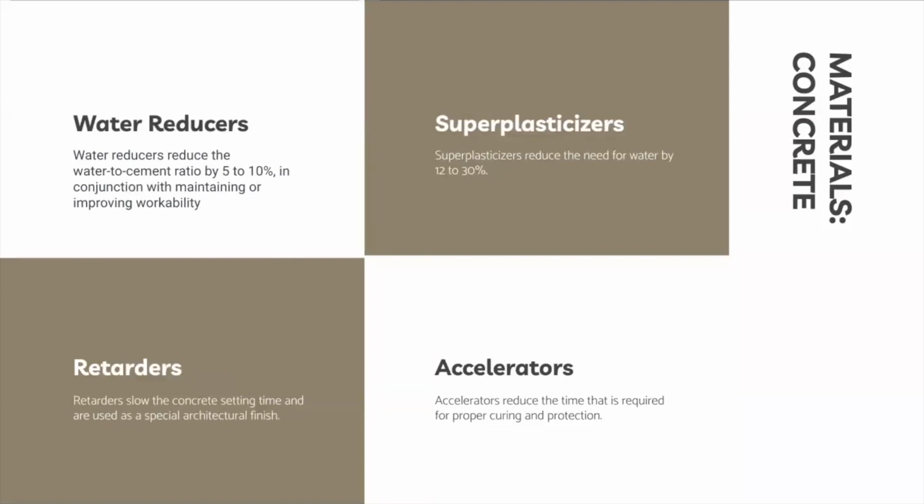Chemical admixtures play a crucial role in concrete formation, offering various functionalities to enhance its performance. These include water reducers, superplasticizers, retarders, accelerators, corrosion inhibitors, air entrainers, and shrinkage reducers.